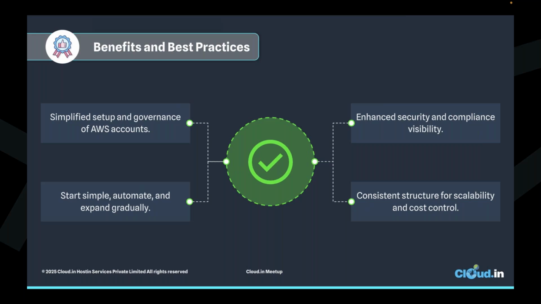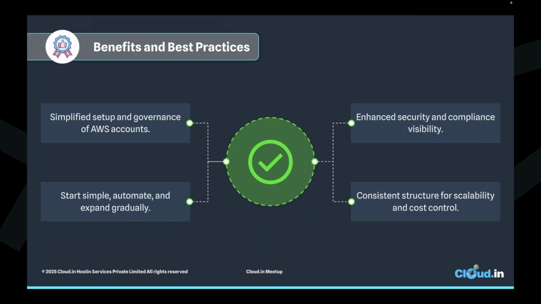Instead of manually configuring each account, Control Tower will automate the setup and apply your organization standards across all of the AWS environment. This means less time spent on administrative work and more consistency in how accounts are governed.